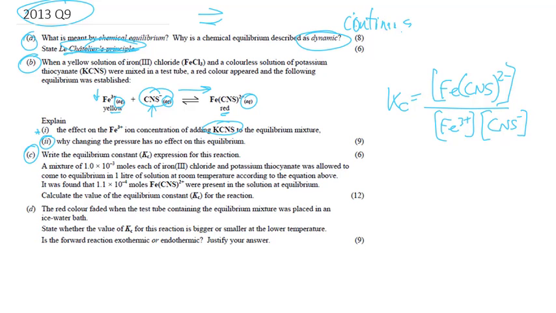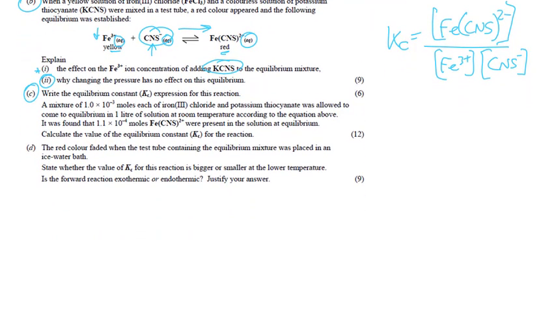Now, we get to setting up our ice table. So, a mixture of 1.0, so we're given the moles, just make some more room there. We're given the moles of iron 3 chloride and potassium thiocyanate in a 1 liter vessel. Okay, so let's set up our ice table.